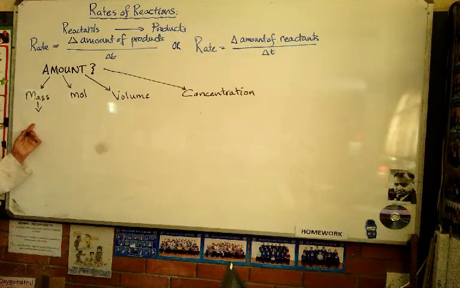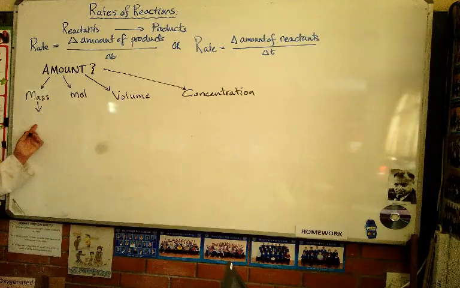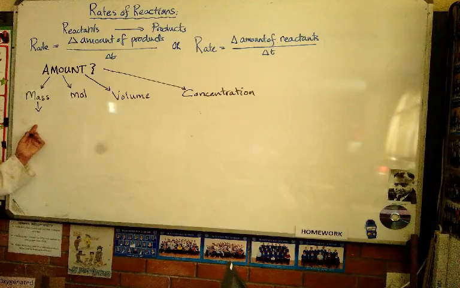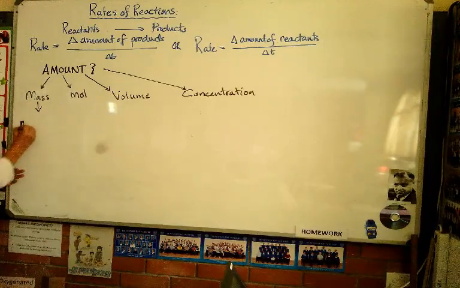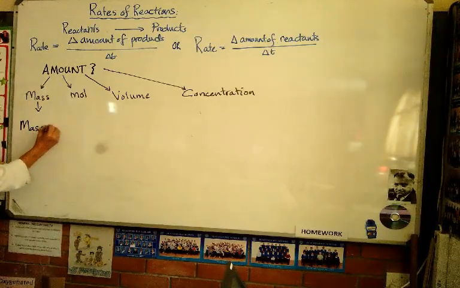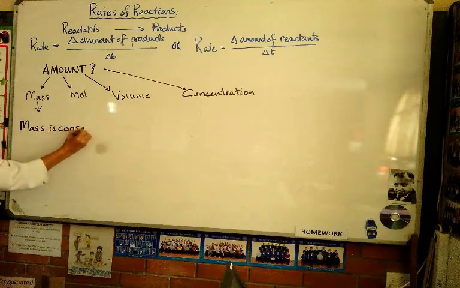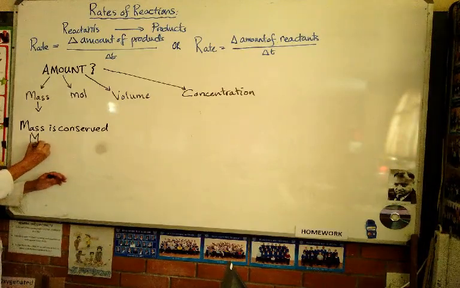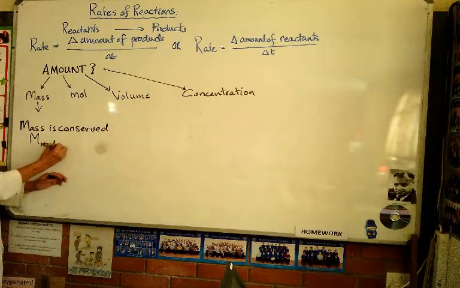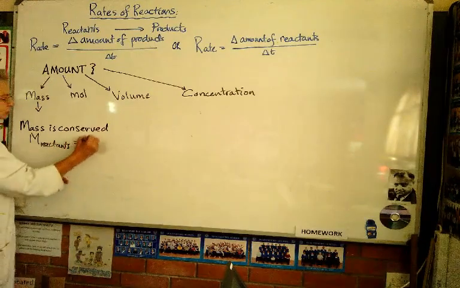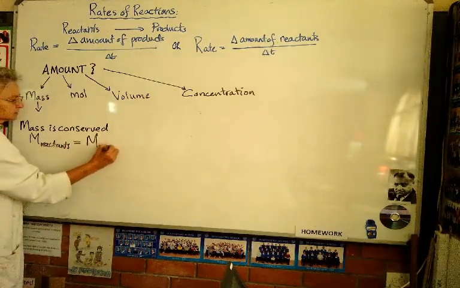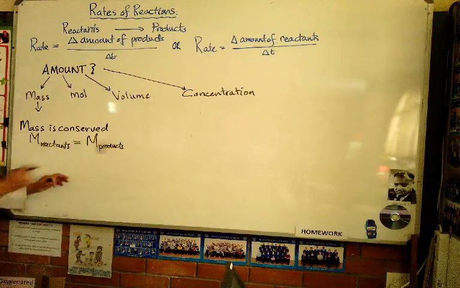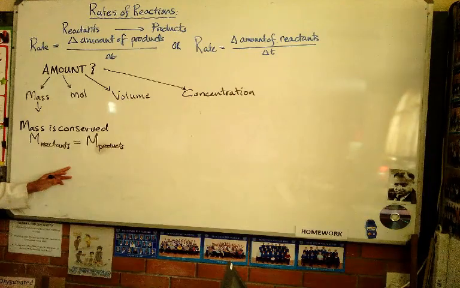Remember we said mass is conserved, so the total mass of the reactants would be equal to the total mass of the products. But we do get reactions where gases form.